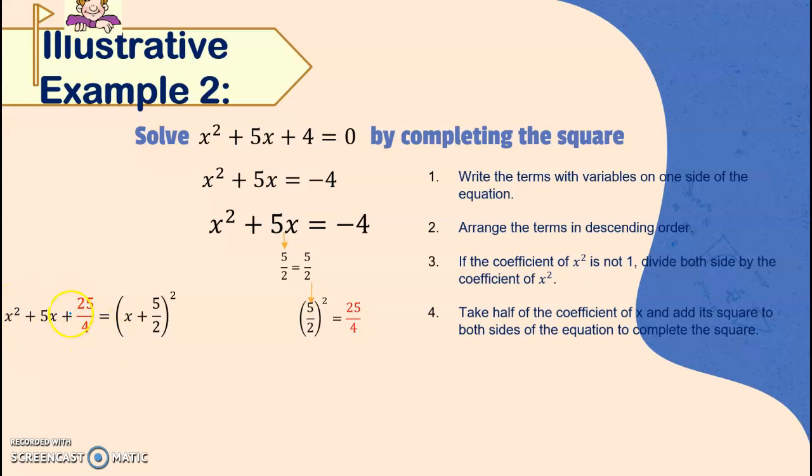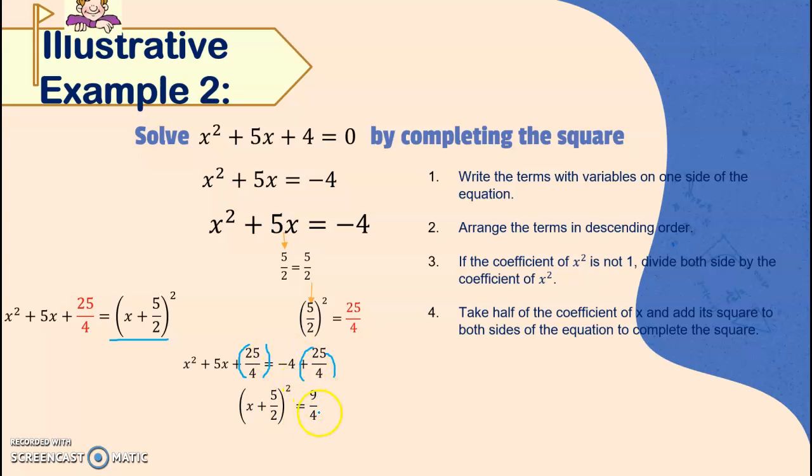This is already a perfect square trinomial, so we can rewrite this in this form: x plus 5 halves squared. So yung 5 halves mula dito yung ginamit natin, okay? Now we express the left side as factored form. And then we add them together.